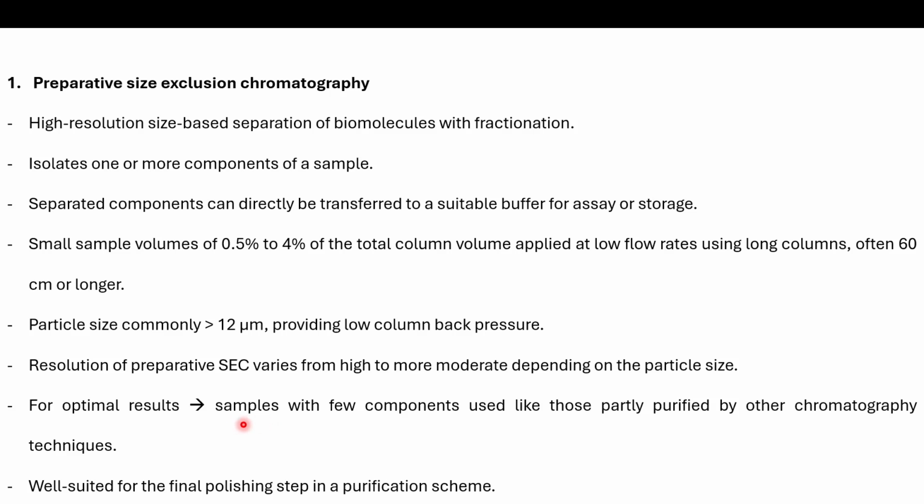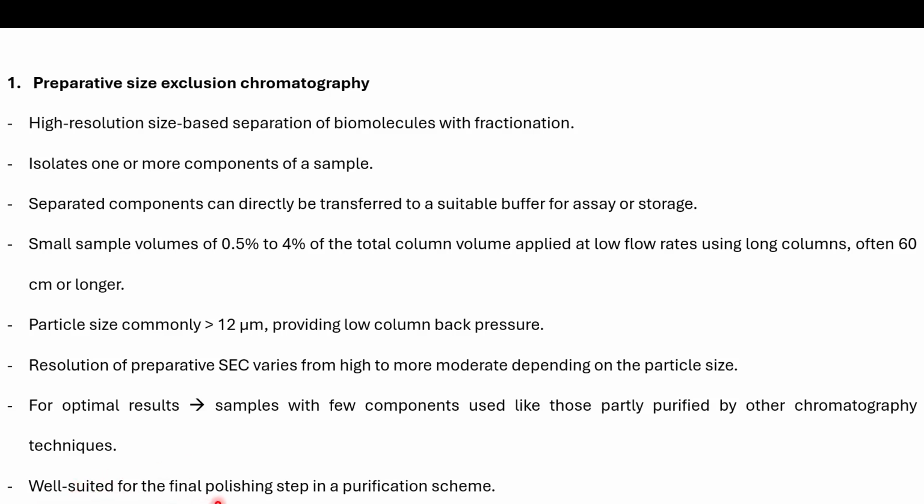So for getting a well resolved SEC peak, we should have samples with few components, or partly purified using other chromatographic techniques, and finally you use SEC for the final step of purification.